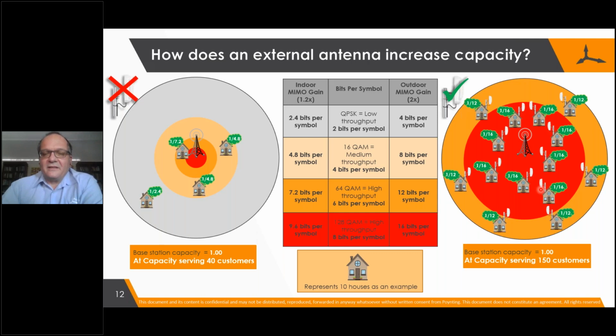There are lots of other things on the left that are not so nice, but in essence, I'll be able to sign up 150 customers at some package, and they will get some level of service, contention, etc. On the left, I'll only be able to sign up 40 and reach the same level of service. So it's a massive increase in the number of consumers I can service here.